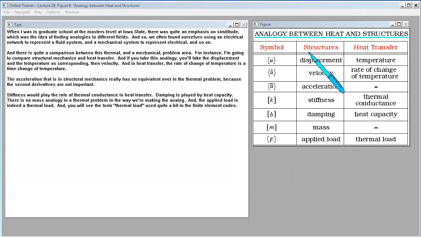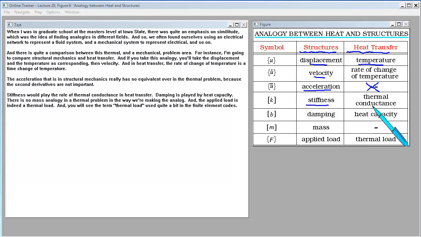For instance, I'm going to compare structural mechanics and heat transfer. If you take this analogy, you'll take the displacement and the temperature as corresponding, then velocity, and in heat transfer, the rate of change of temperature is a time change of temperature. The acceleration that is in structural mechanics really has no equivalent over in the thermal problem because the second derivatives are not important.